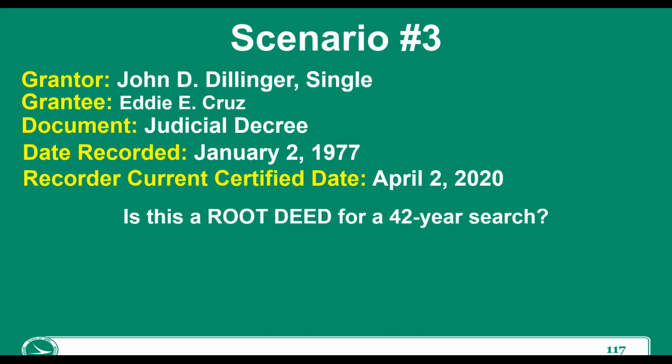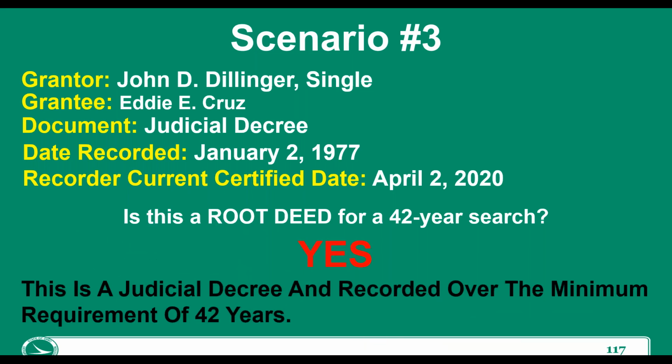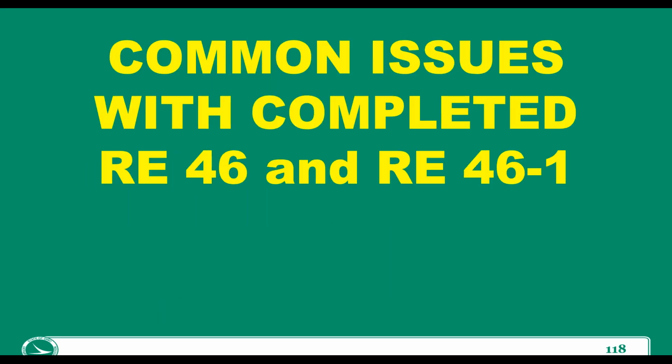Yes or no? Responses are yes, yes, several yeses. And all the yeses are right. This is a judicial decree and recorded over the minimum requirements of 42 years. Therefore, we can use it as a root deed. Good job, guys. Moving on.